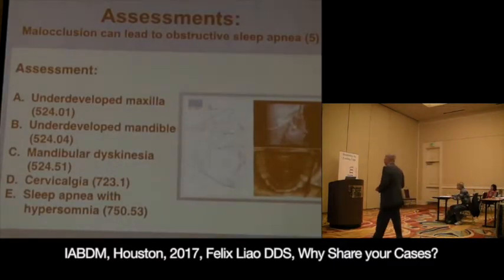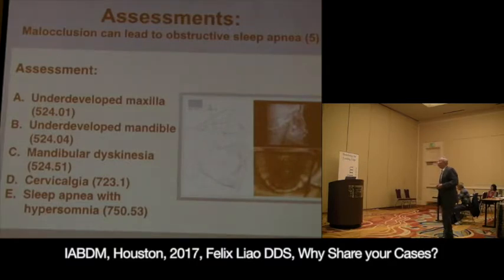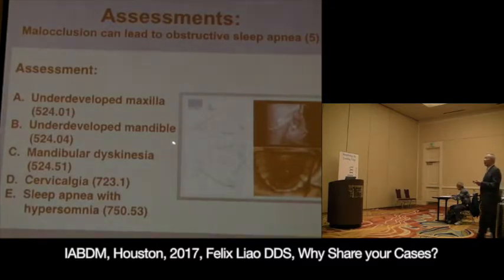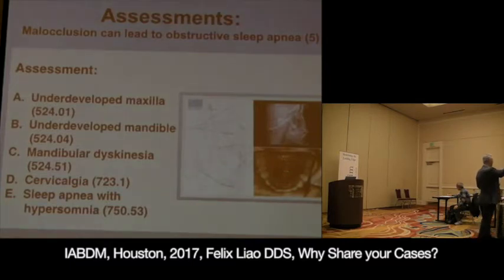All right. So what is assessment? Assessment means what is it that you're going to treat? So in this case, we're treating underdeveloped maxilla. We're treating underdeveloped mandible. We're treating mandibular dyskinesia.